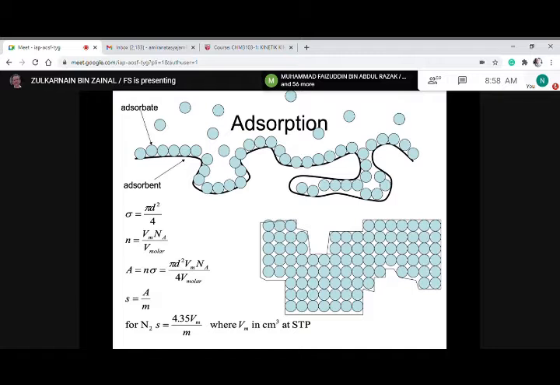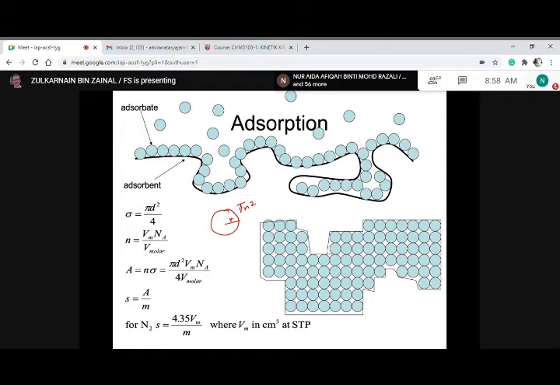But anyway, for the cross-sectional area, if you take a sphere, and r is the radius of the sphere, what is the cross-sectional area of the sphere? The cross-sectional area of the sphere is only pi r square, right?